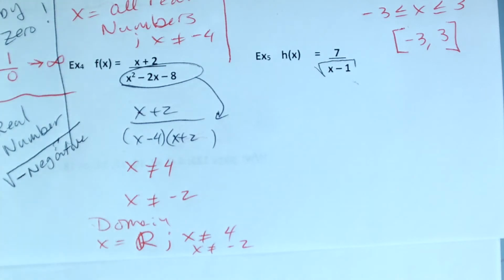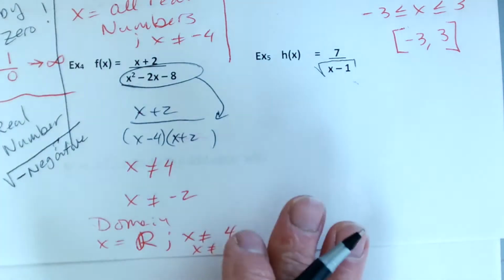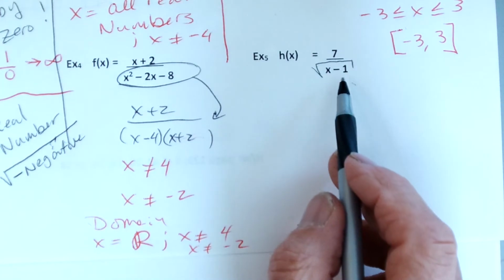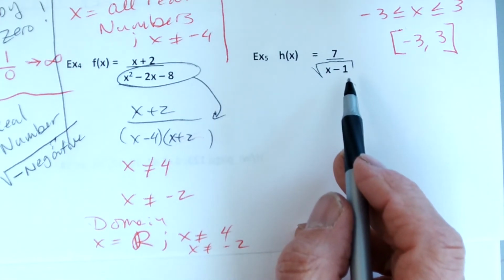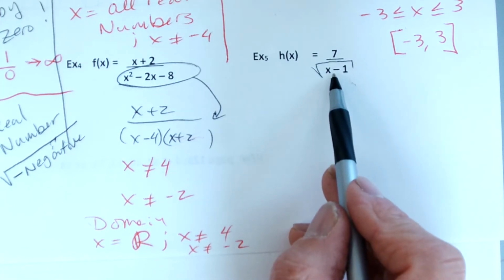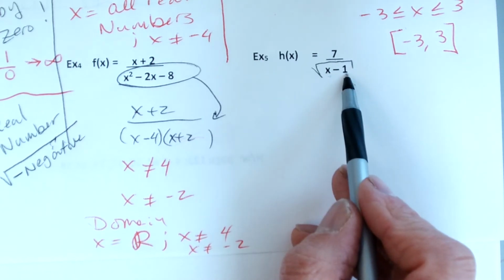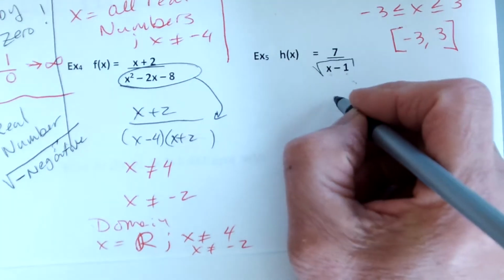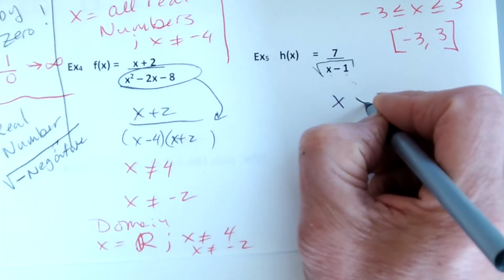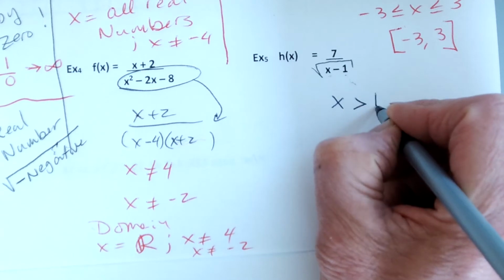Okay, example 5. We're not going to let example 5 bother us, but I do know this one's got 2 problems, okay? So if x is 1, 1 minus 1 is 0, right? Well, that's okay as far as square roots, but then you get 0. So x in this case has to be greater than 1.